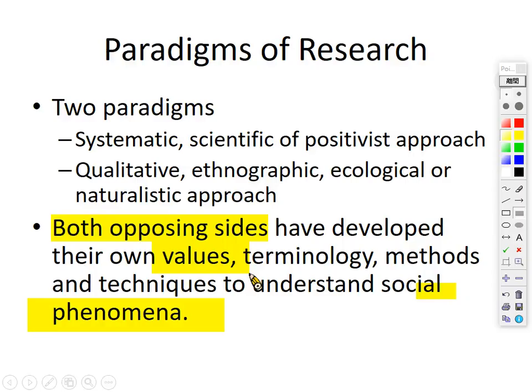And methods and techniques to understand social phenomena are also different. Just as I said, in qualitative research, if you want to edit, code, and analyze data, what do you need? You need to have a software package. By name, they are quite different, right? NVivo or QDA Lite, or you can use many other software, like HyperRESEARCH, and there are many different software packages out there.